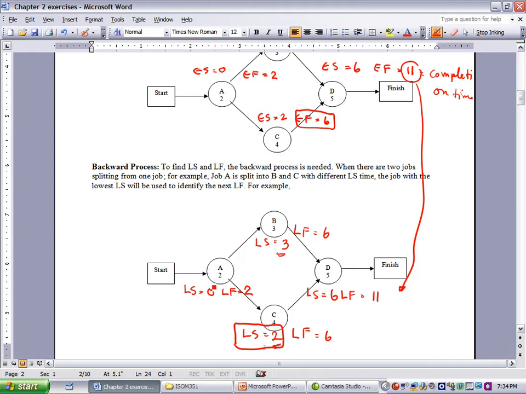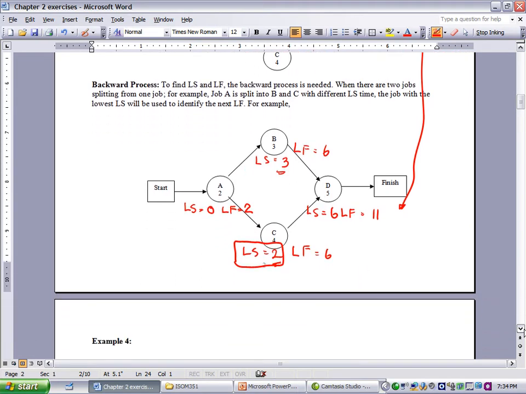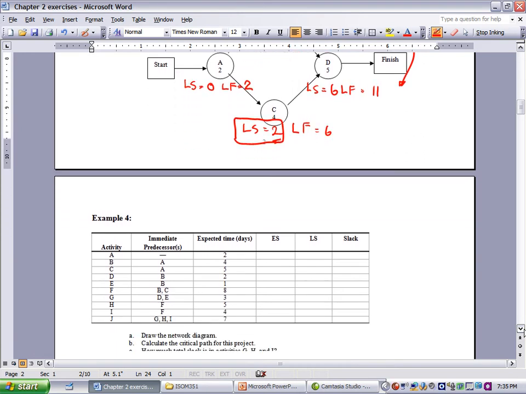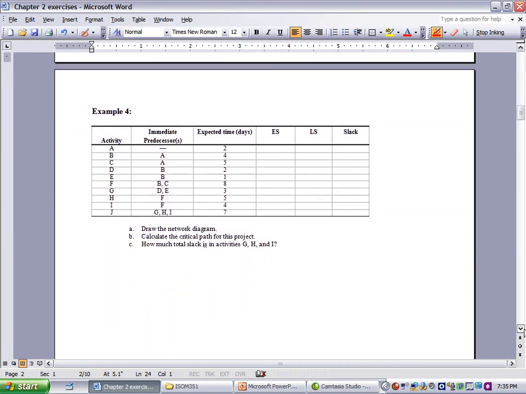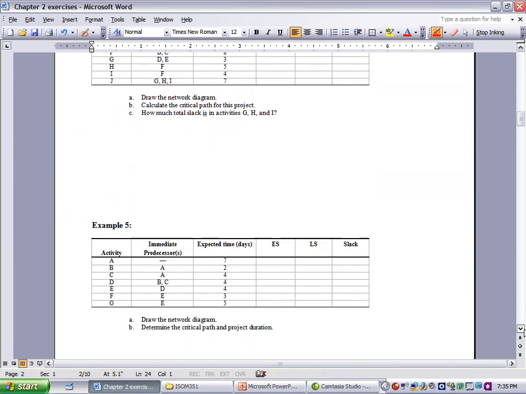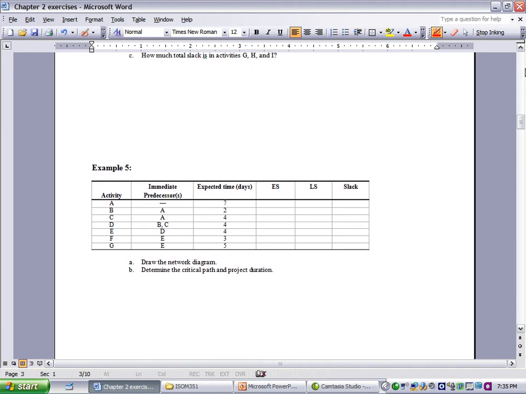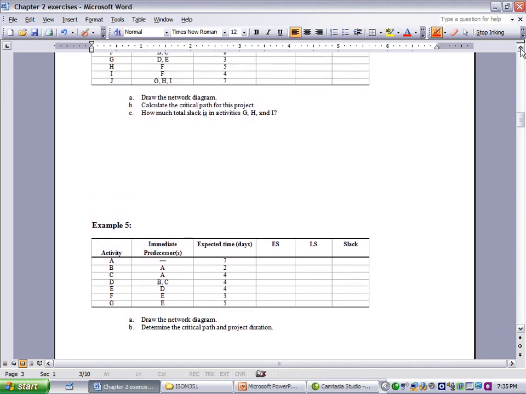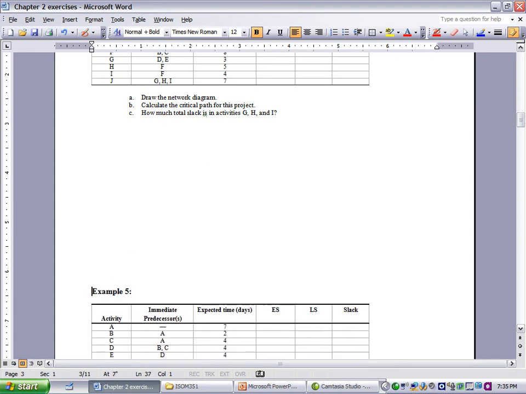Okay, with this forward and backward process, we will incorporate it into example 4. On example 4, we may use extra space, so let me enlarge it.